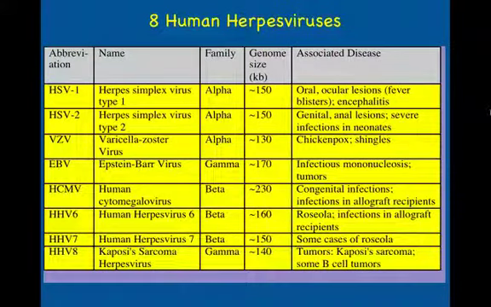Alright, so there are 8 human herpes viruses, and these are the standard ones. There's probably more that either are poorly studied or just don't have a huge impact on human health. HSV1, this is one we'll be referencing quite a bit. Type 1, it's in the alpha family, about 150 kilobase pairs, and it's the oral ocular lesion.